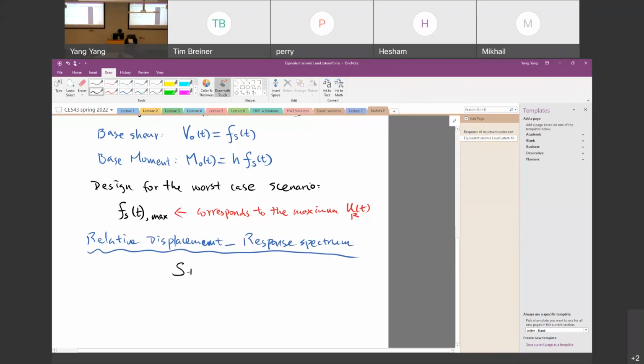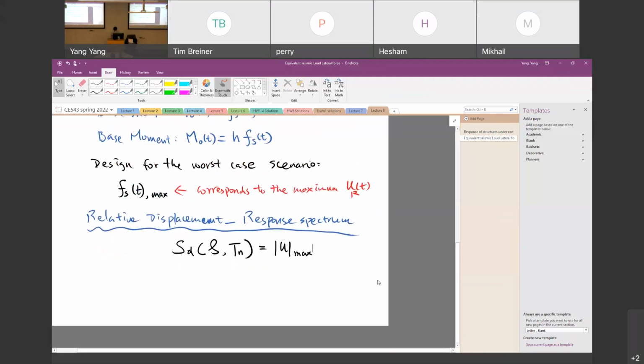The displacement response spectrum is a function of the damping ratio as well as the natural frequency of your structure, and it's expressed as the maximum absolute displacement.